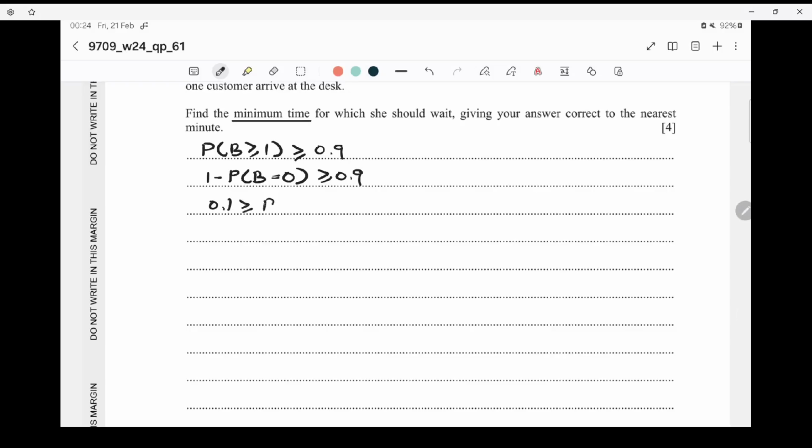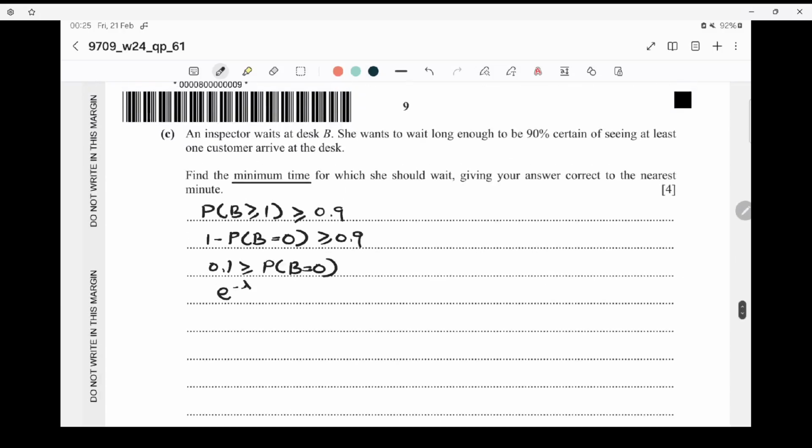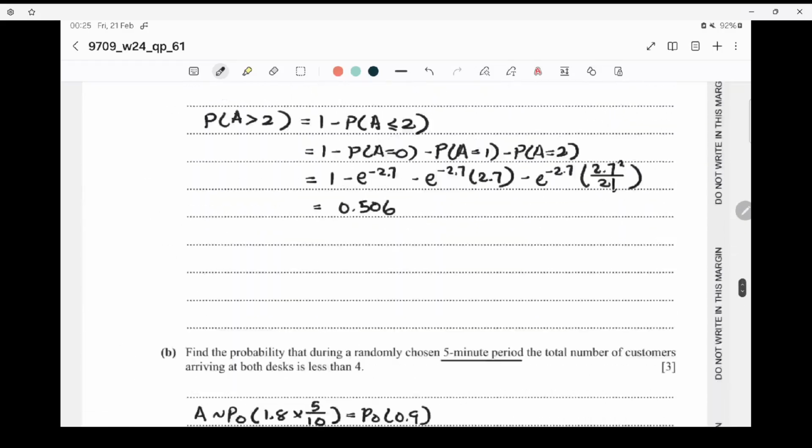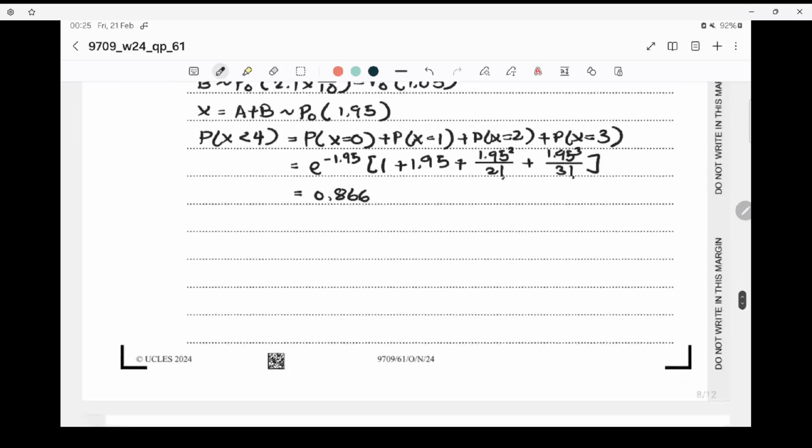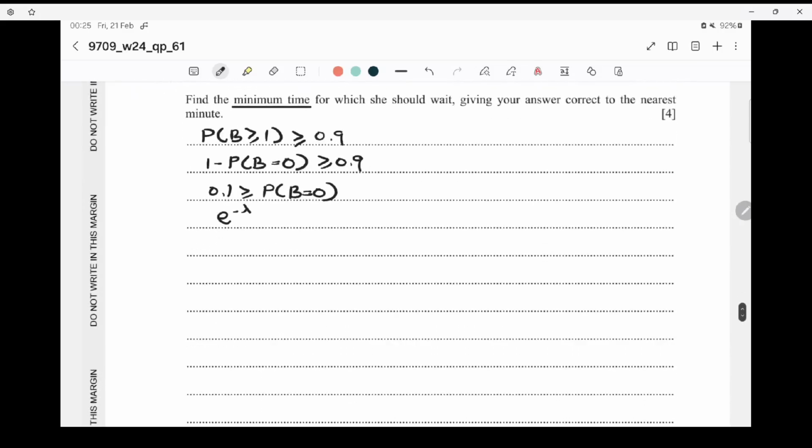Okay. So P(B equals 0) will be e to the power of minus lambda. In this case, because you need to find the time, you don't actually know what the time interval is. The initial Poisson distribution is given during the 10-minute period, so you need to do the conversion later on. Right now, what you need to do is to find the value of your mean first.